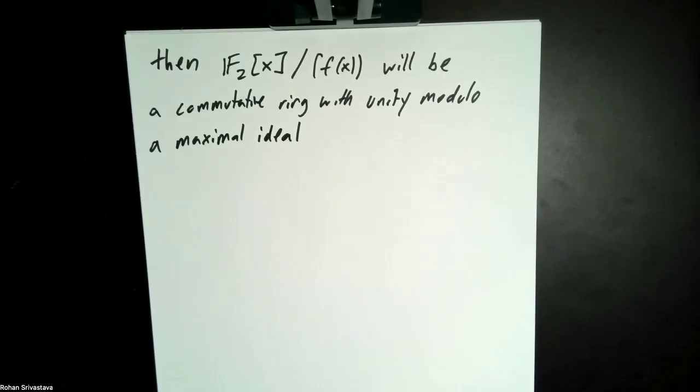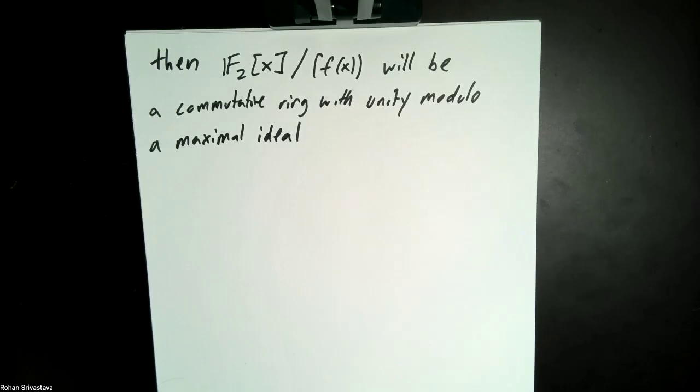because f of x is living in this PID, F2[x], and so if it's irreducible, then it's prime. And remember, to be a prime element means that the ideal generated by that element is a prime ideal.